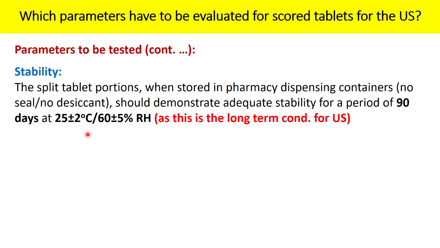As this is for the US market and 25/60 is the long term condition, they have proposed this particular condition. So you can change this stability condition requirement to the long term condition of that specific geography.